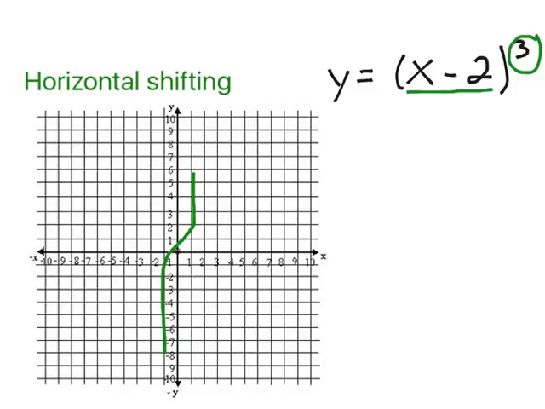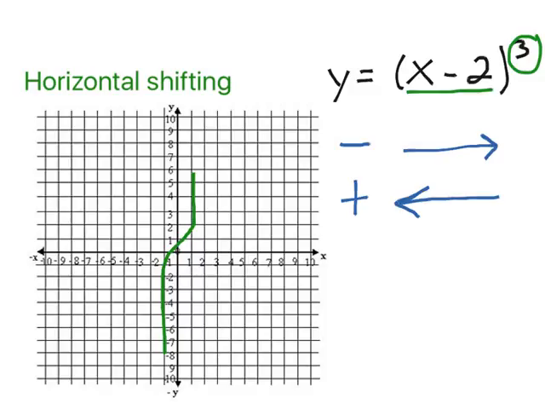As we know, we have the negative part of the graph and the positive part of the graph. But in this case, we'll go all the way around. If we have a minus here, we'll go to the positive side, which is the right. If we had a plus over here, we'd go to the negative side, to the left.